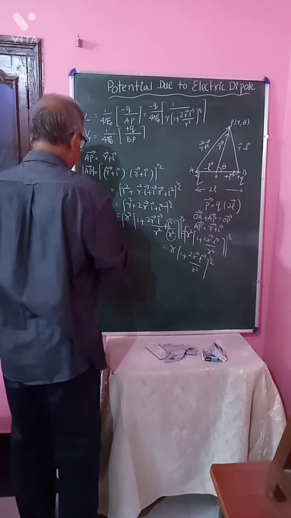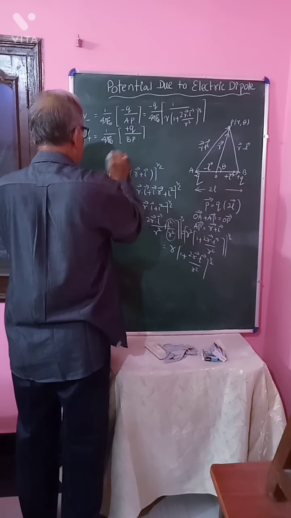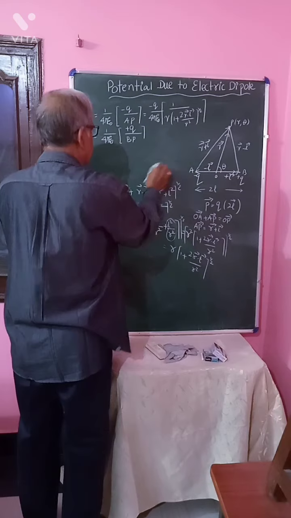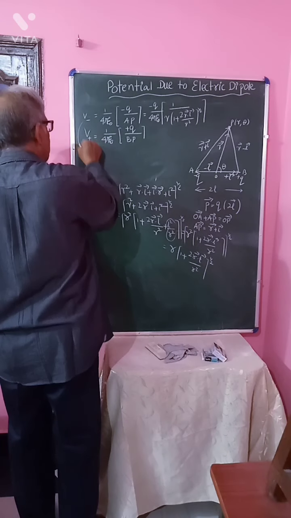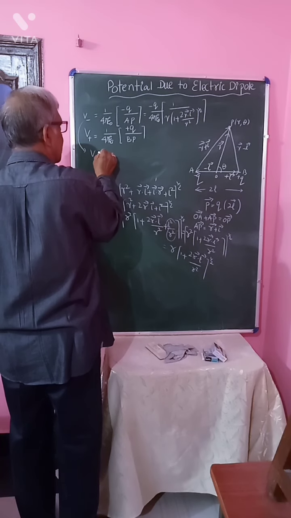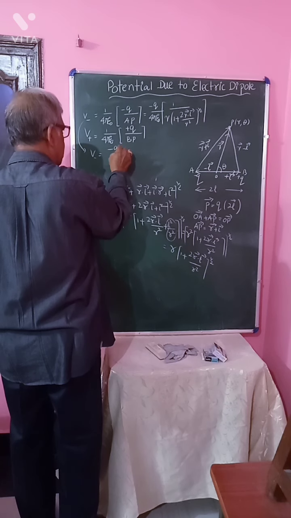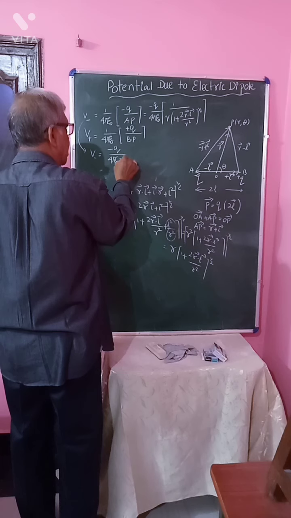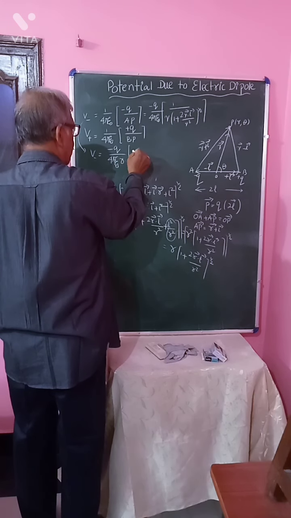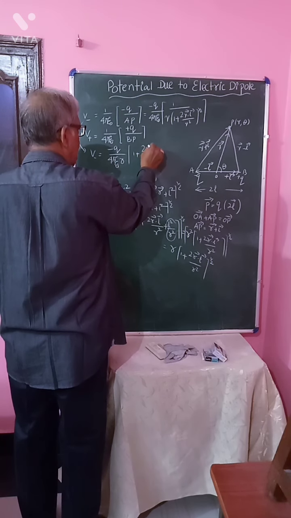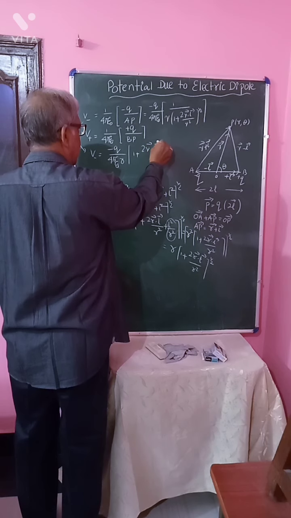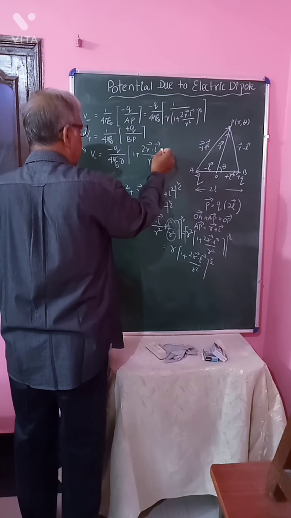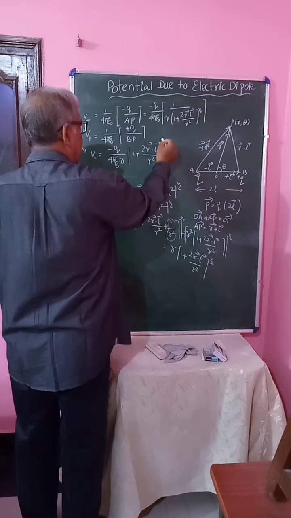So V minus equals minus q by 4 pi epsilon 0 r times 1 plus 2 r dot L by r square to the power minus half.